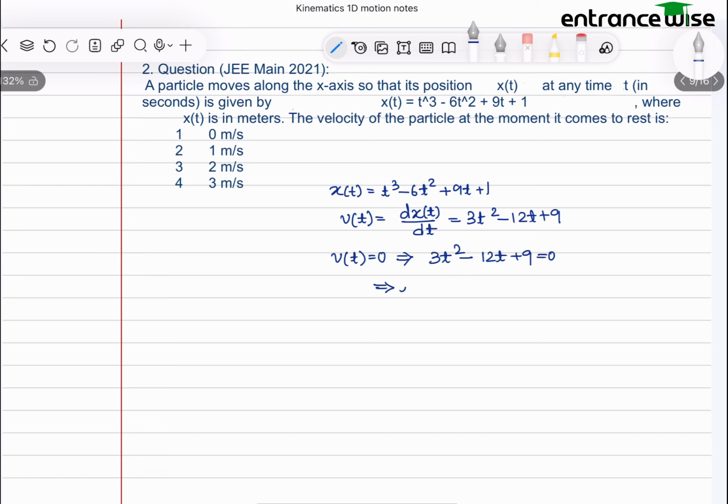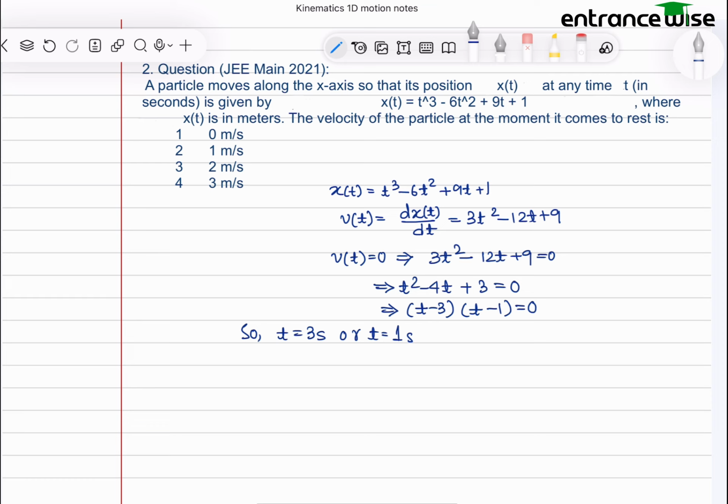We get it as t square minus 4t plus 3 equal to 0. Factoring the quadratic equation, we can write it as (t minus 3) into (t minus 1) equals 0. So t equals 3 seconds or t equals 1 second.